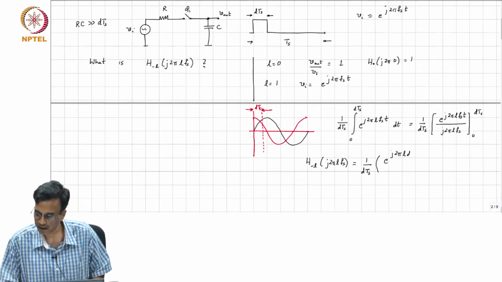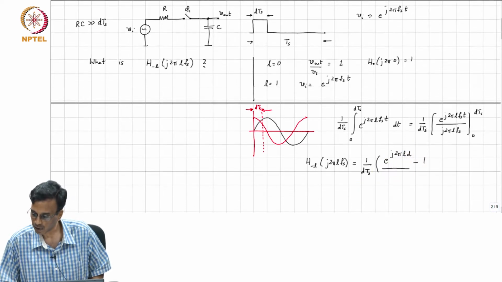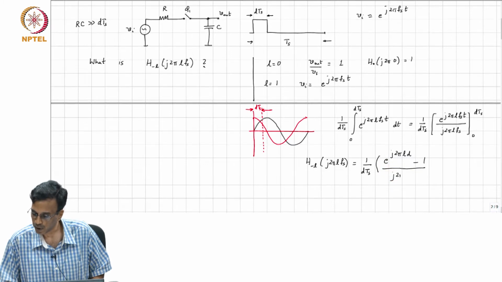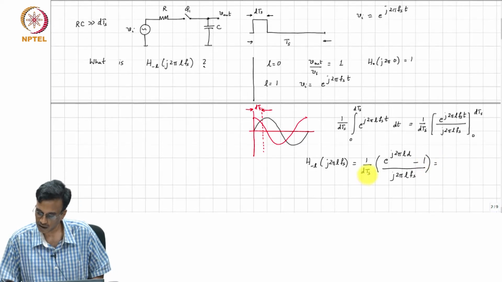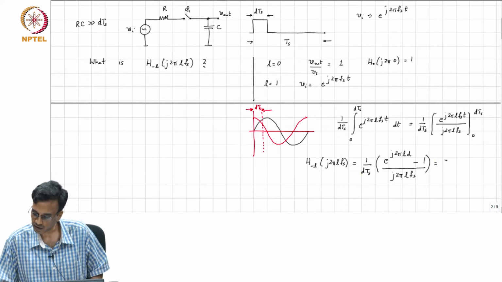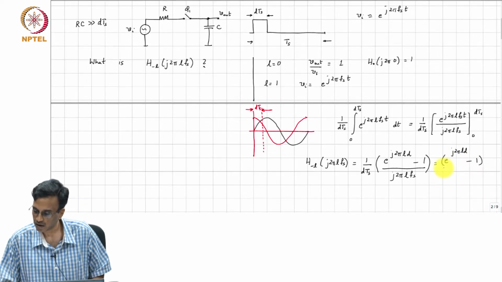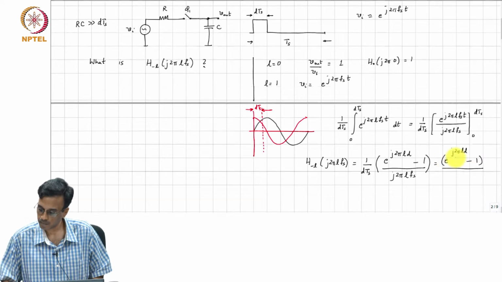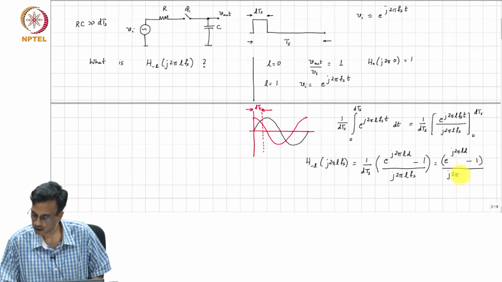So, that is simply e to the j 2 pi L D minus 1 divided by j 2 pi L times Fs, which as you can see Fs times Ts is 1. So, this is nothing but e to the j 2 pi L D minus 1 divided by j 2 pi L D.